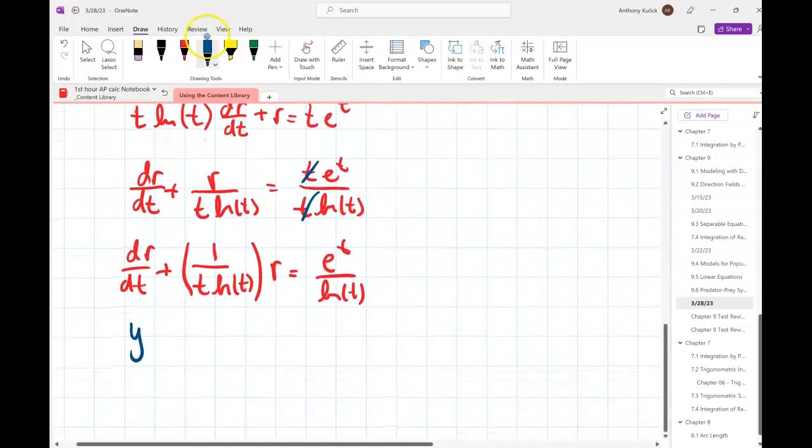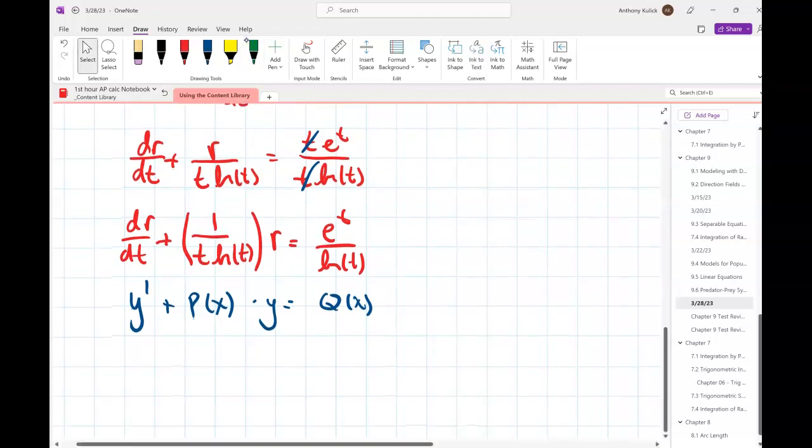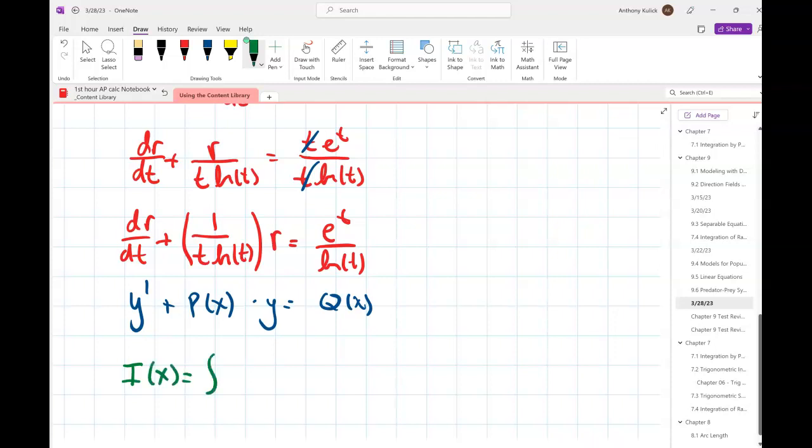So this is like my y prime plus my p of x times my y equals my q of x. Is that so far so good? That's okay. What I'm going to now do, now that I have it in that form, is calculate my integrating factor.